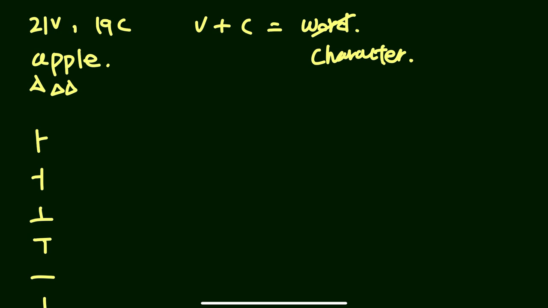Some of those letters are vowels and some of them are consonants. For most Korean characters, it's usually one vowel plus one consonant. There are some different situations, but we'll get into them later.